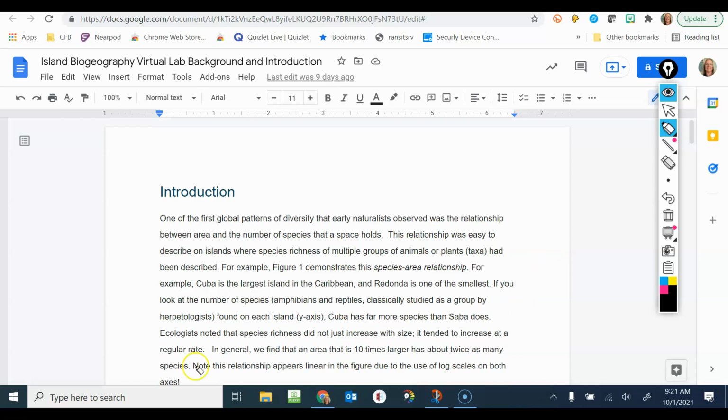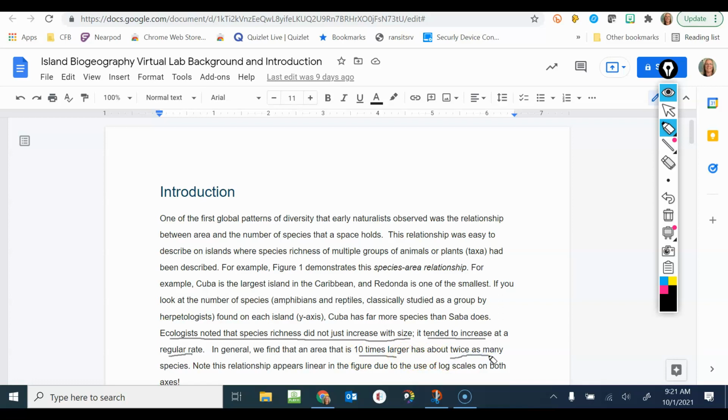What we need to know here is that ecologists noted that species richness did not just increase with the size of island, it also tended to increase at a regular rate. So a 10 times larger island leads to about twice as many species.